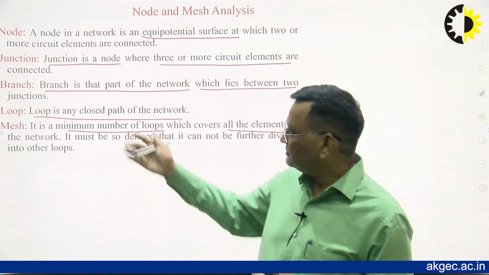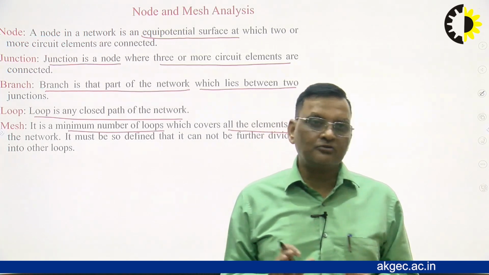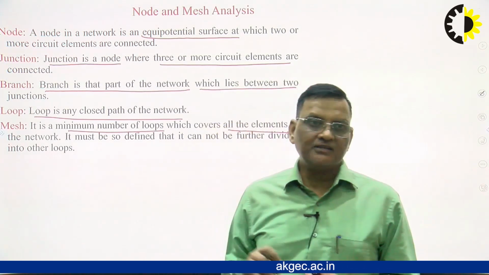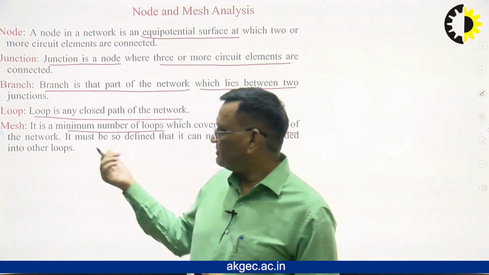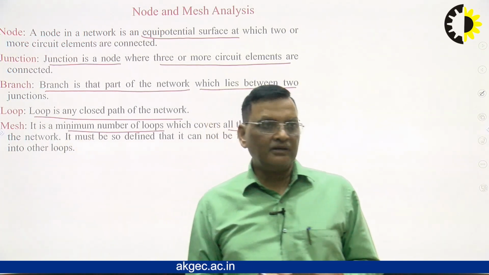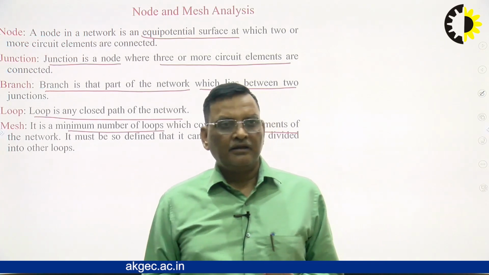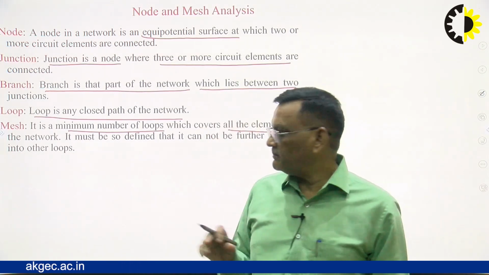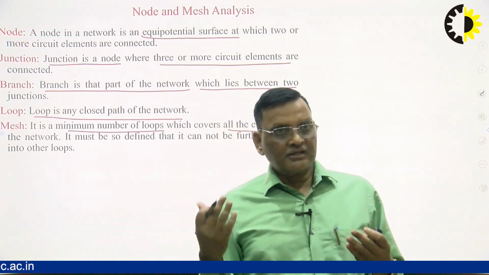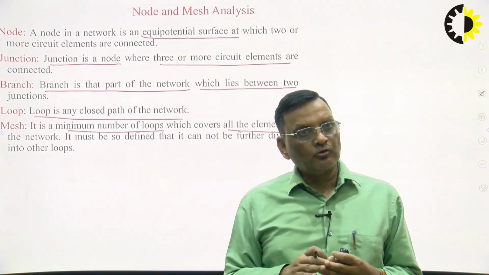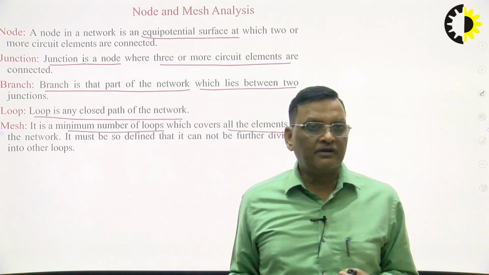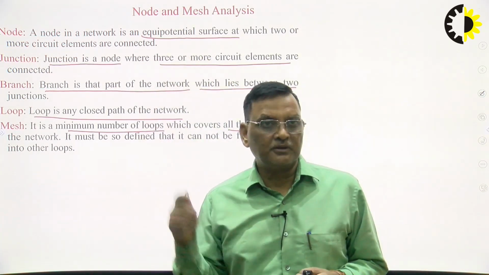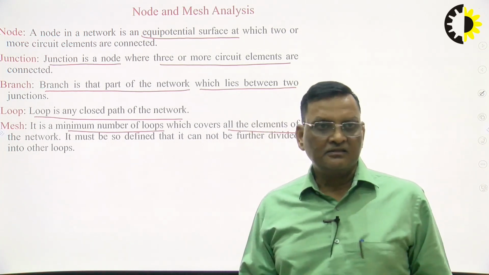So, there is a difference between loop and mesh. Mesh is a closed path, and loop is also a closed path. But what is the basic difference? The basic difference is that meshes are independent loops. If you select a mesh, that is an independent loop, and it cannot be further divided into other loops. All these terms we will explain by taking some examples.